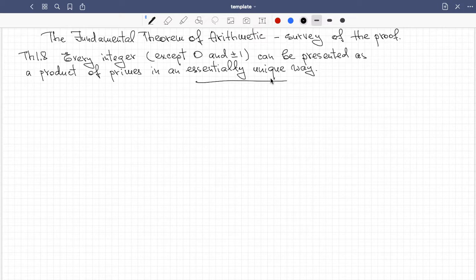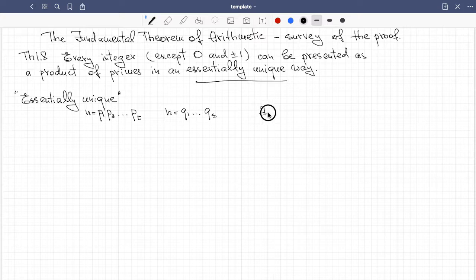We can write an integer as a product of primes p1, p2 up to pt, and we can write the same integer, possibly in a different way, also as a product of primes q1 up to qs, where pi's and qj are primes.